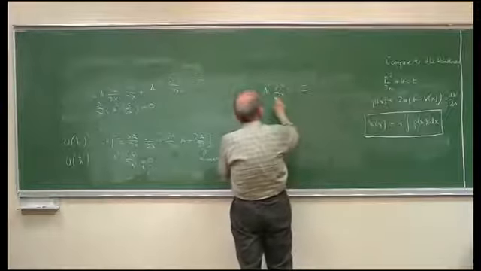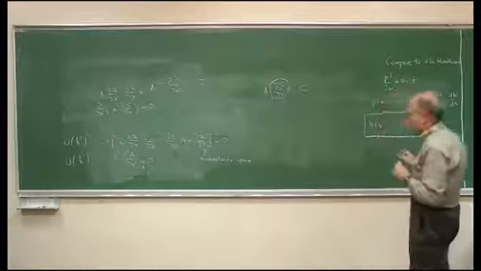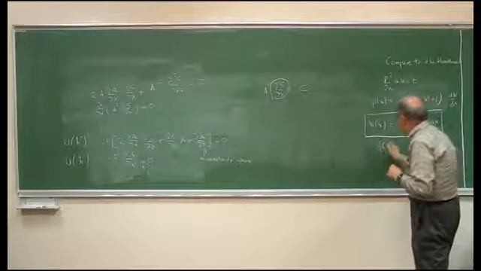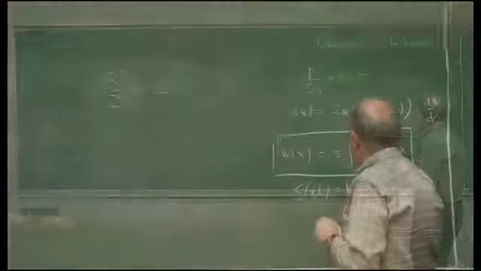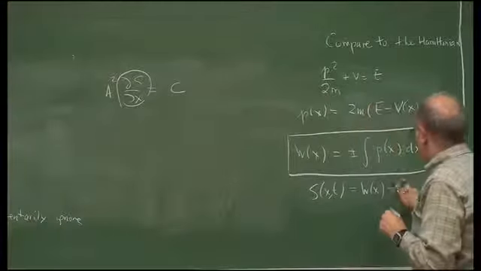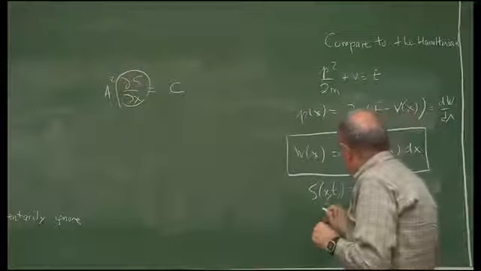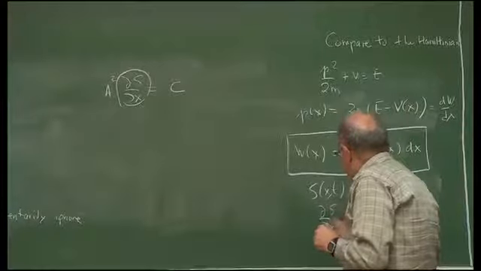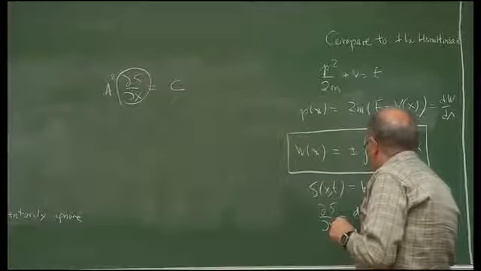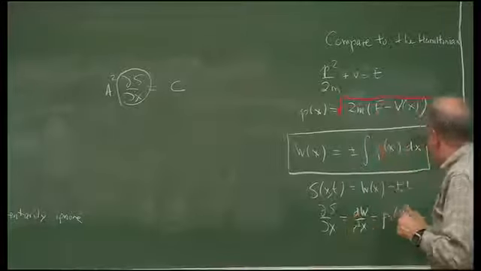And if I remember, remember what was S? I said S of x, t was W of x minus E times t, so that dS by dx is actually dW by dx. It's nothing other than p of x.